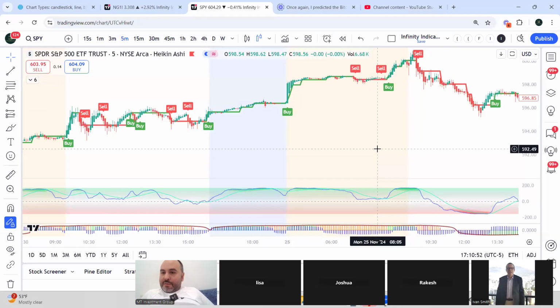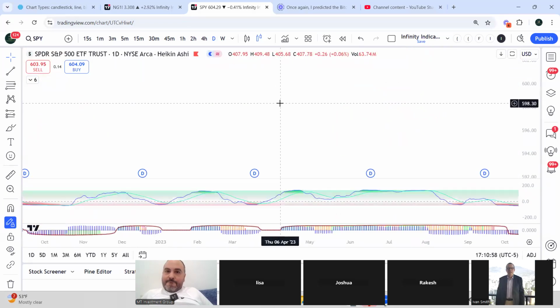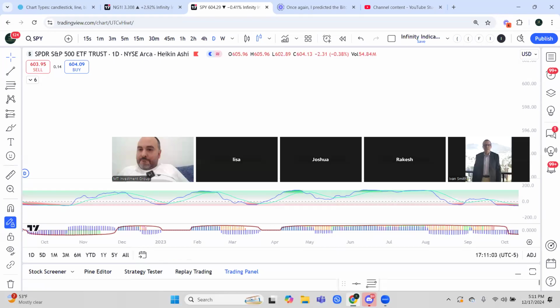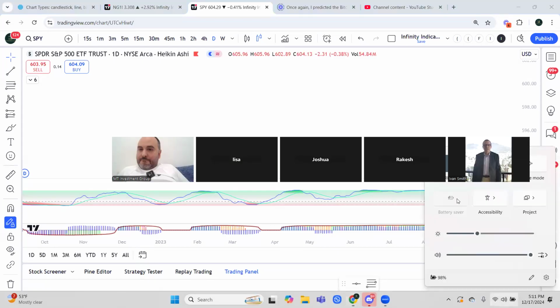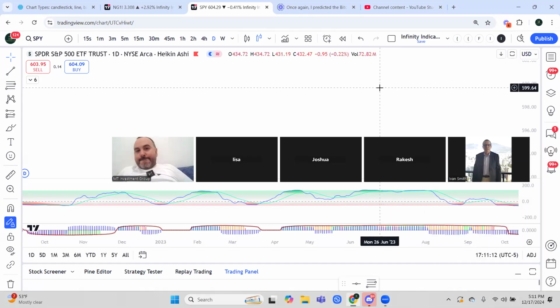The infinity indicator, as you update it, so obviously I've been with you for a really long time. A year ago, we set this indicator up and it was set up a certain way. Since then, I know you've made changes. Does it automatically update for me when you make changes?